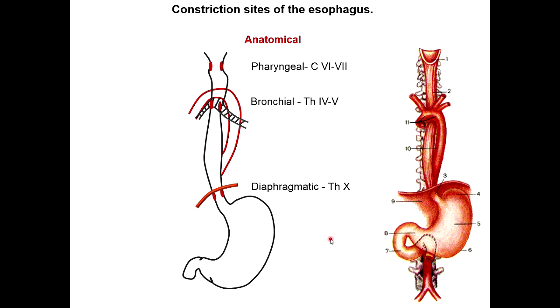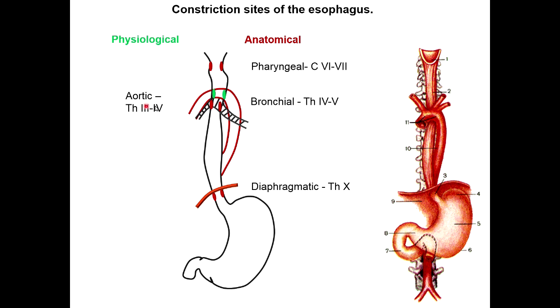And also there are two physiological constriction sites which exist only when the individual is alive. After death, they disappear. So there are two physiological constriction sites.